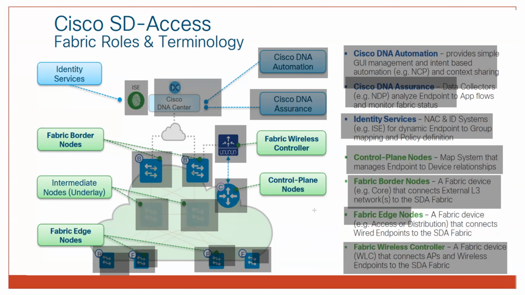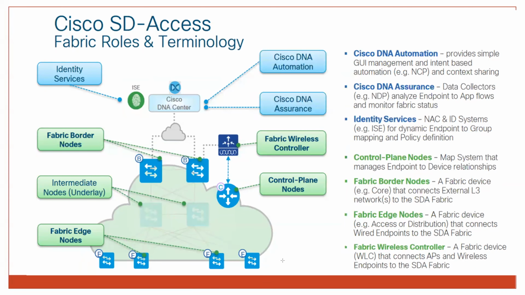So that's why you can see that you have the WLC, the wireless controller, and then you have the control plane for the wired networking, and then you have the edge devices. In this diagram you're not seeing any APs, but you may have APs here and there that will work as wireless access points.